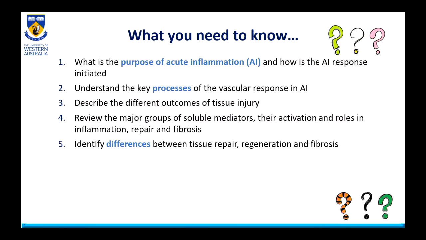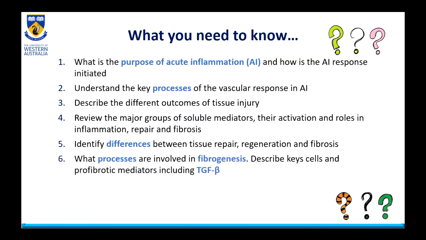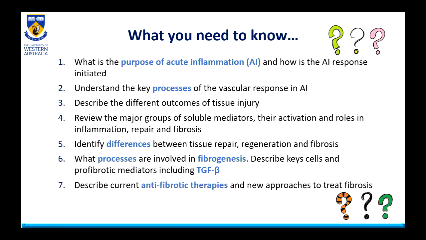To identify differences between tissue repair, regeneration, and fibrosis. And what processes are involved in fibrogenesis, so fibrosis. Describe key cells, profibrotic mediators, including TGF-beta. And describe current antifibrotic therapies and new approaches to treat fibrosis. Well, some ideas of some anyway.